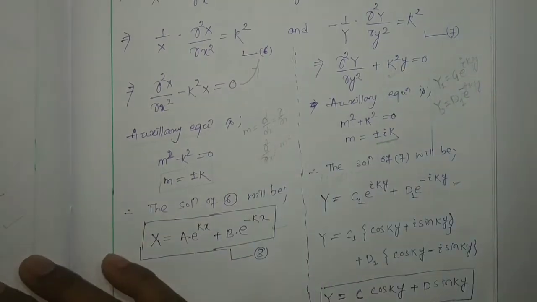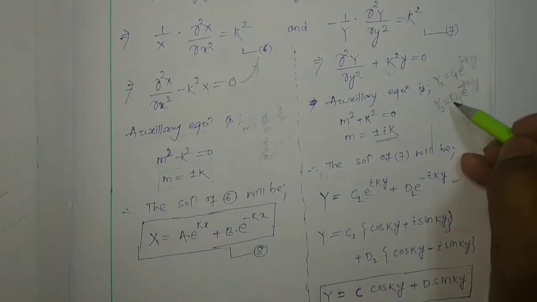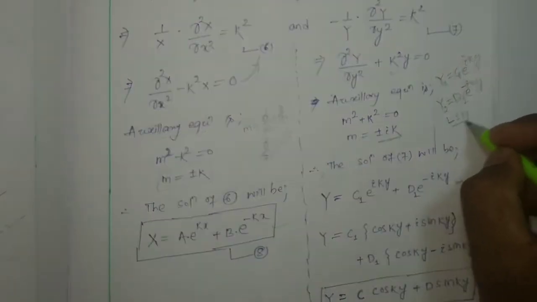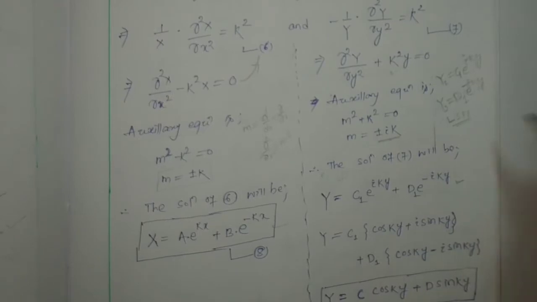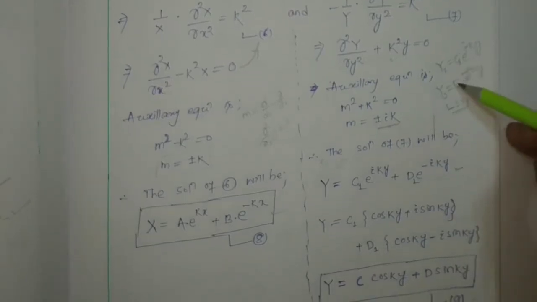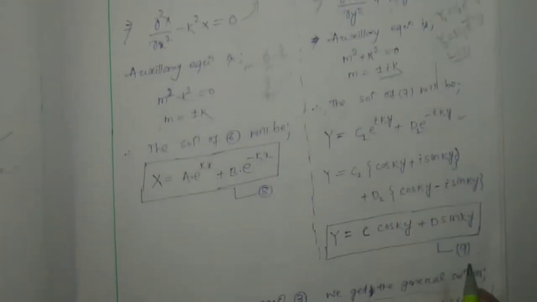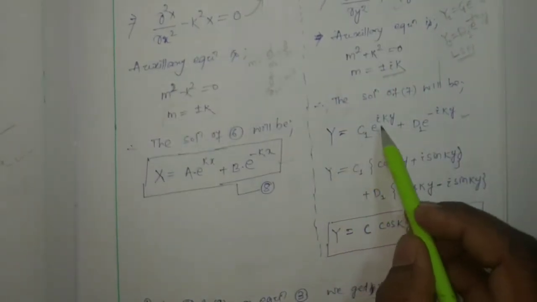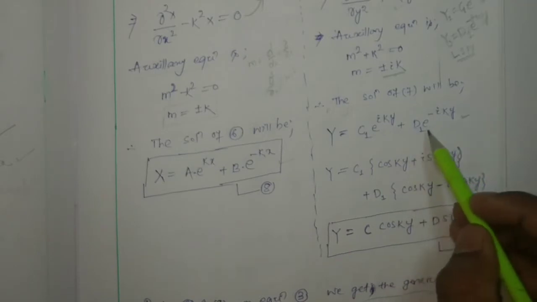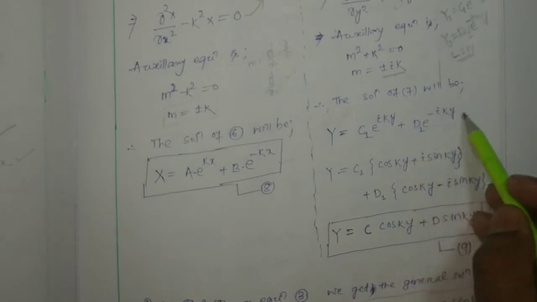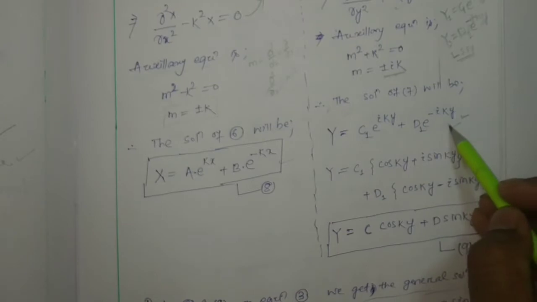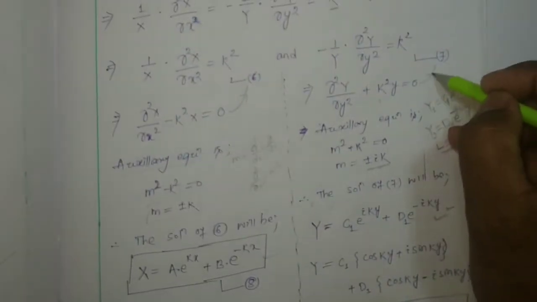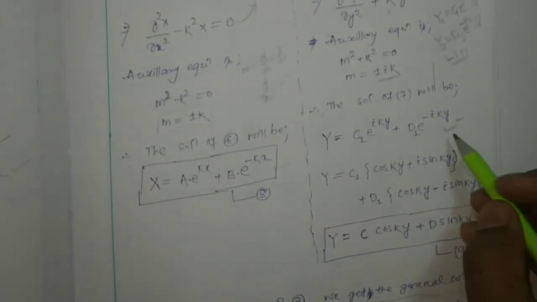And by considering the linear superposition principle, the addition of these two solutions, y equal to c1 e to the iky plus d1 e to the minus iky, will also be the solution of differential equation 7.